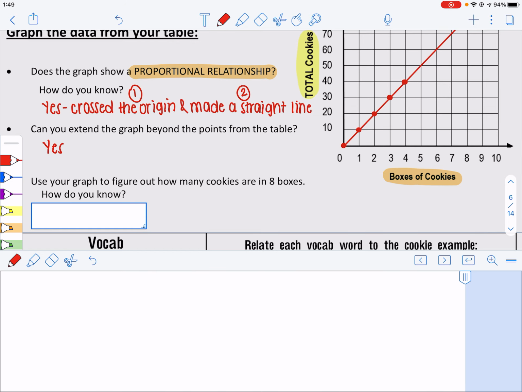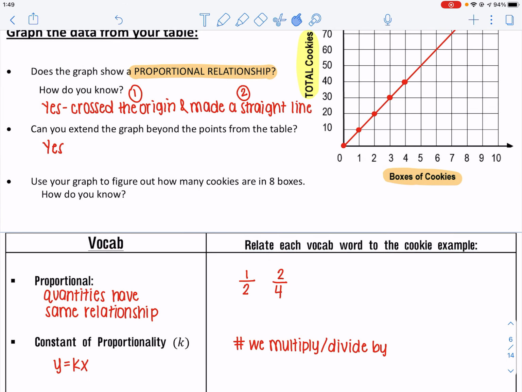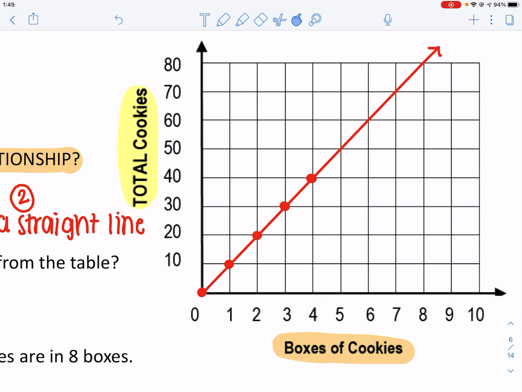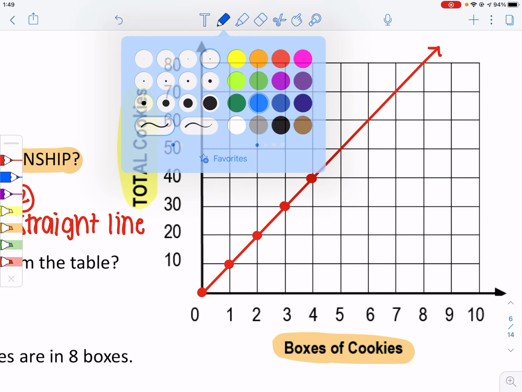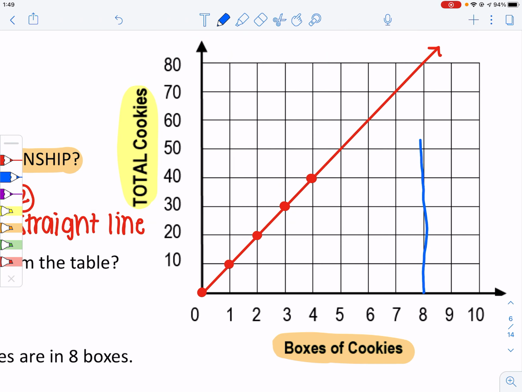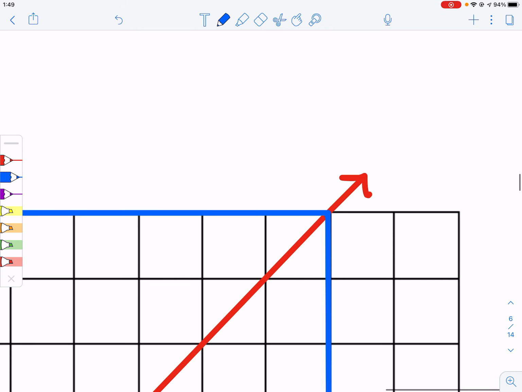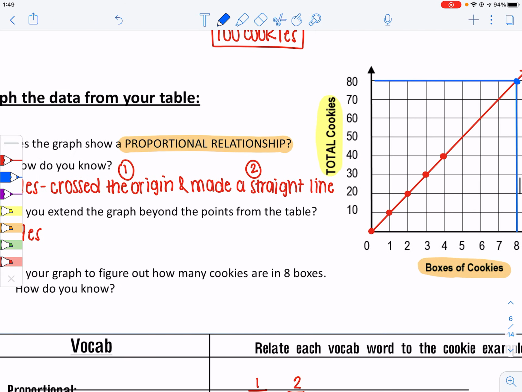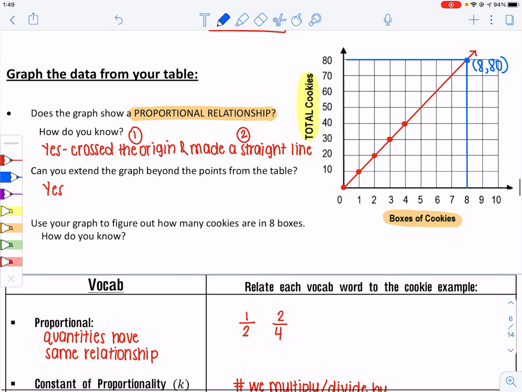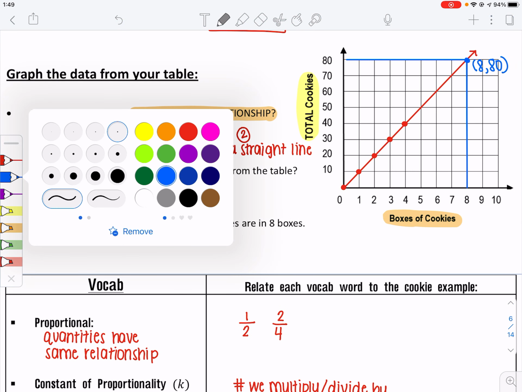Okay, and then use your graph to figure out how many cookies are in 8 boxes. So if you look at your graph, boxes of cookies are on the bottom, so find the 8, follow it up, follow it over. Okay, so as an ordered pair, this would be 8, 80, because you're going over 8 and up 80. We'll write this with the problem over here.